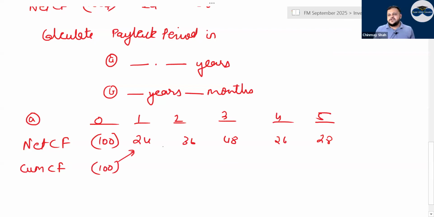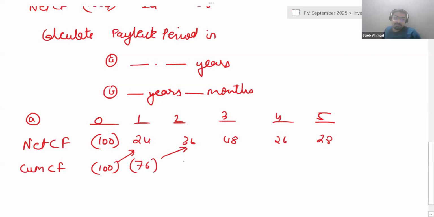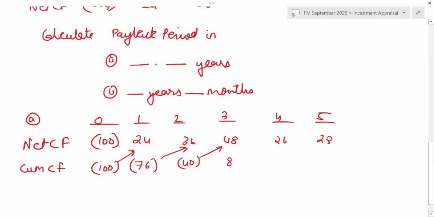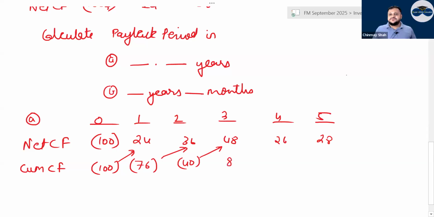Help me: 24 received, how much remaining? 76 negative remaining. 36 received, how much remaining? 40. 48 received, but only 40 remaining, so how much extra is received? 8. That means the payback period is between the second and third year.